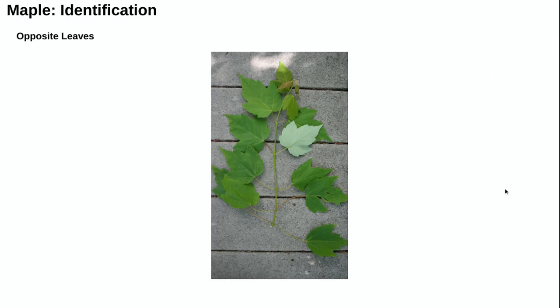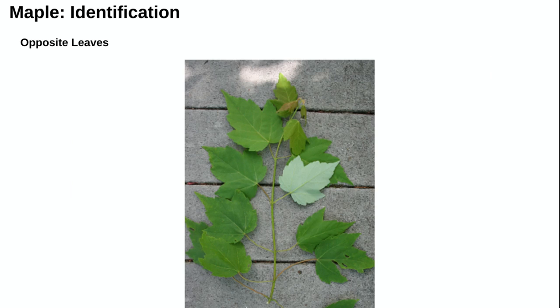You can see here, I have a picture, I'll zoom in. The leaves here are coming out of this main stem on the opposite sides of each other, right? So here's a pair of leaves coming out here. Further up the branch, there's another pair coming out there. So their petioles, or their little stems, come out of this main branch across from each other.